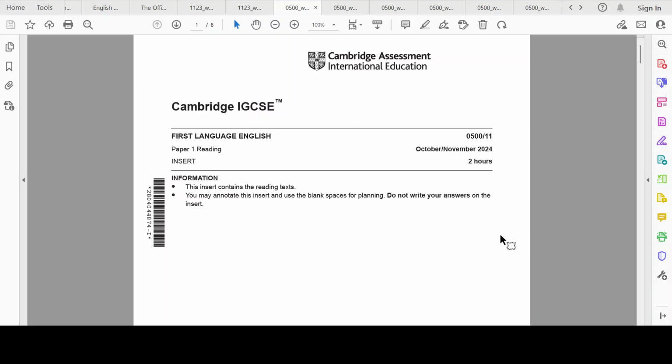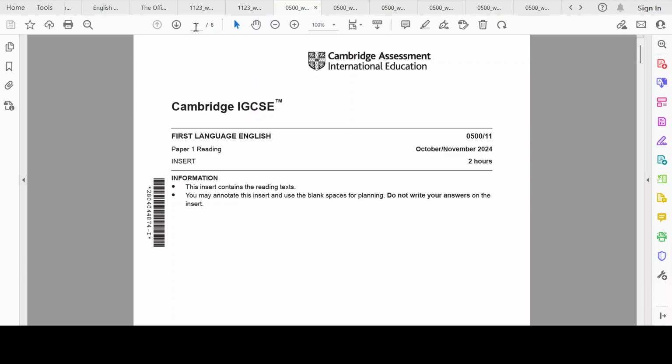The 0500 has been this way for some time now, and the 1123 has been remodeled to be similar to the 0500. It's not of the same difficulty and technicality level, but it is still something that we can use.